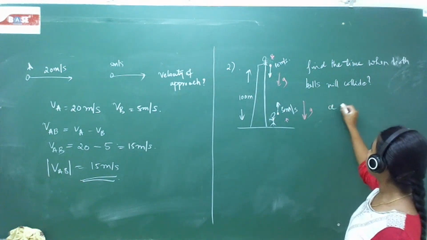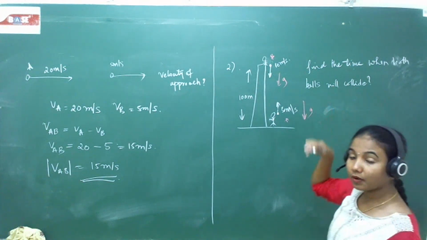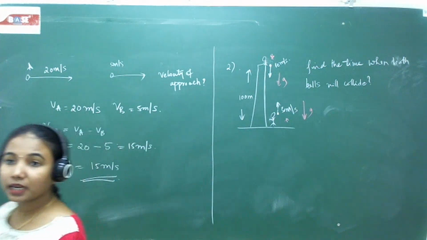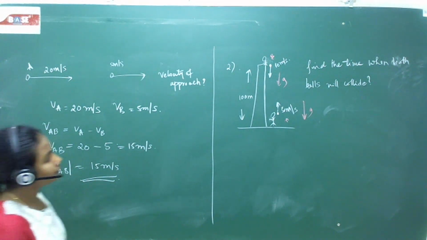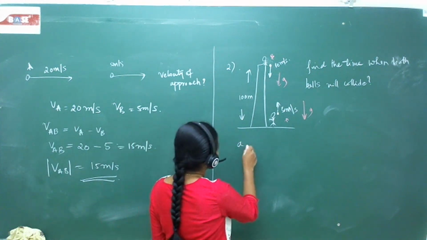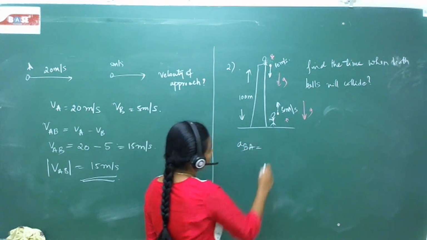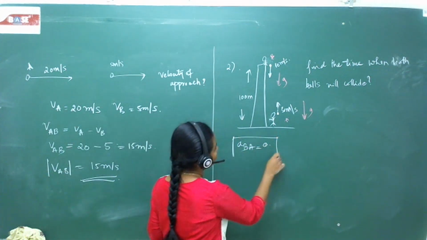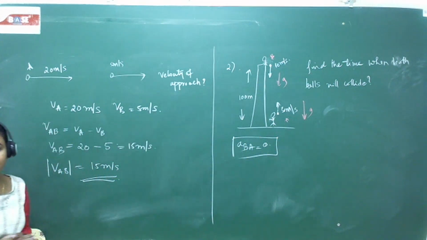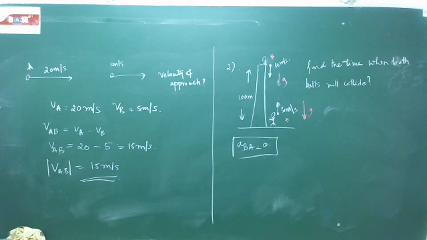So since both accelerations due to gravity are downward, we can say the relative acceleration of B with respect to A is 0, right? The acceleration term will be 0.